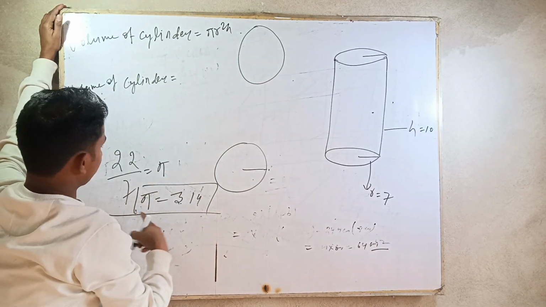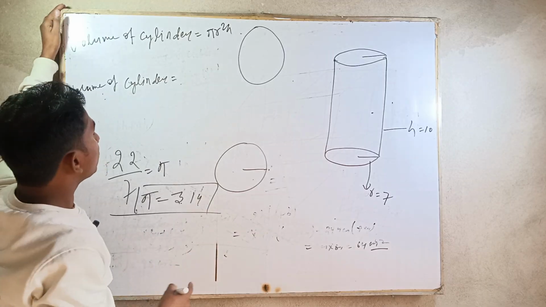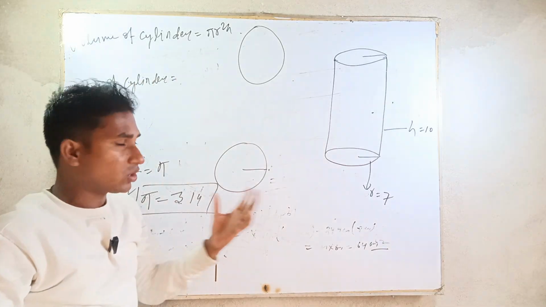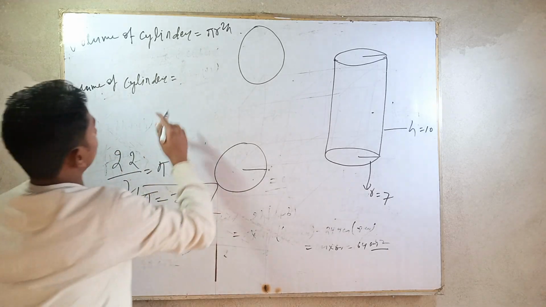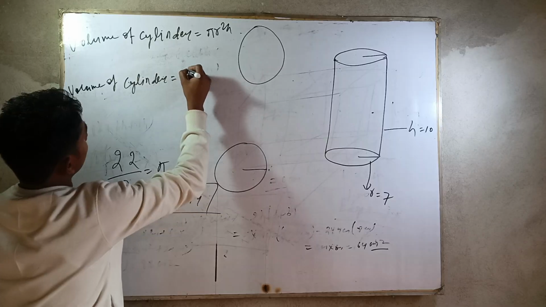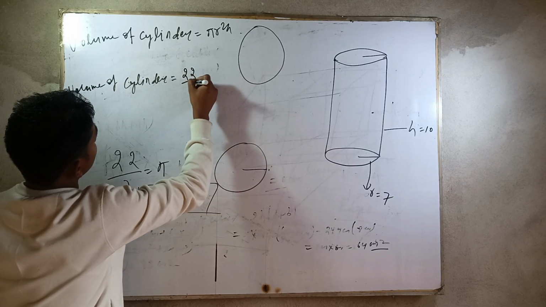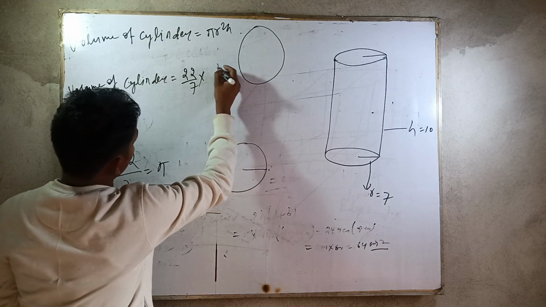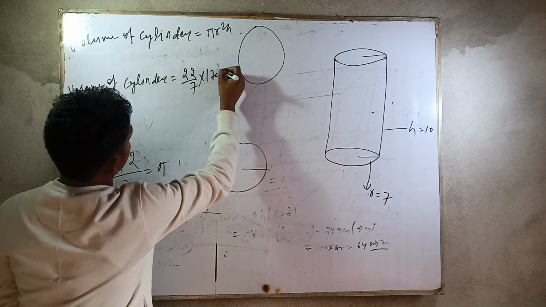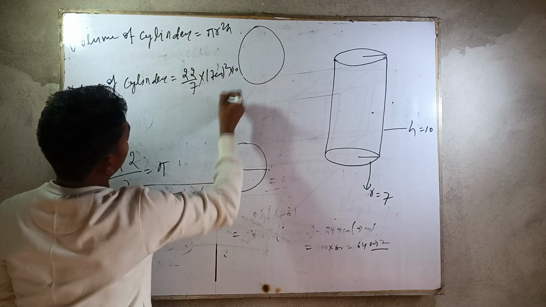If the question has no such condition, then I will use 22 by 7. So this is 22 by 7 cross r square, 7 centimeter square, and 10 is the height.